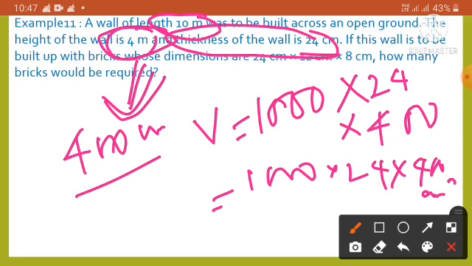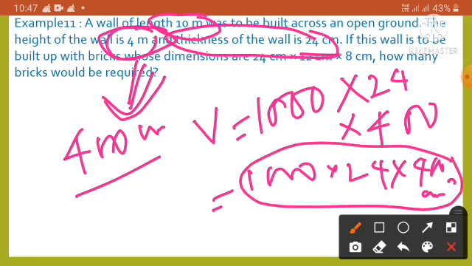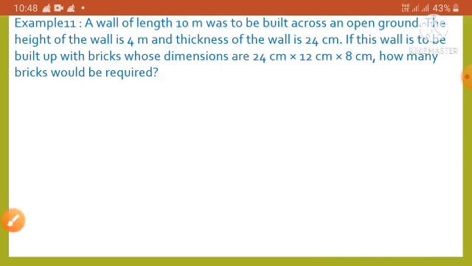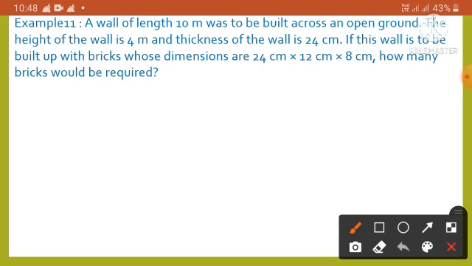So we will keep this value as it is for quick calculation. Now each brick is the shape of a cuboid, length is 24, breadth is 12 and height is 8.